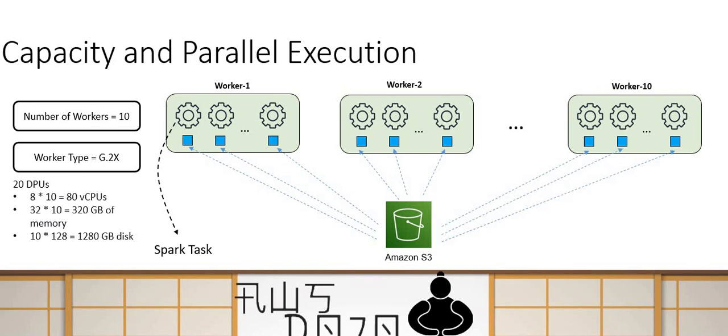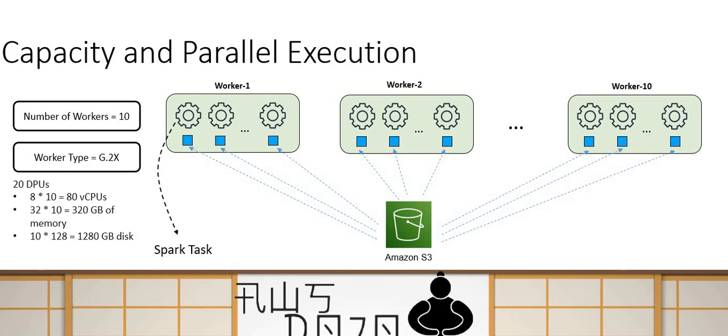So, pretty straightforward fundamentals. You have multiple workers. Within workers, multiple Spark tasks take care of processing a portion of data using certain vCPU and memory allocated to you. How many Spark tasks run within a worker is roughly determined by how many vCPUs that worker has.